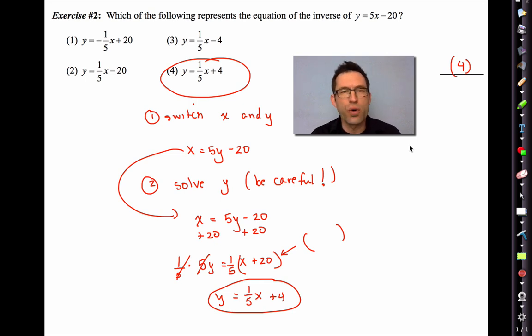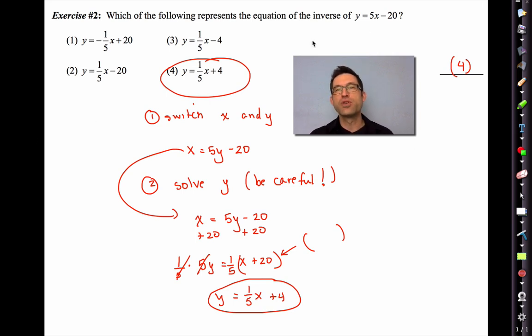The reason that this works is for 2 reasons. The first reason being that what the inverse does is switch the roles of the input and the output. So it kind of makes sense to switch x and y. But then in the process of solving for y, you literally bring in every inverse operation from the original function.